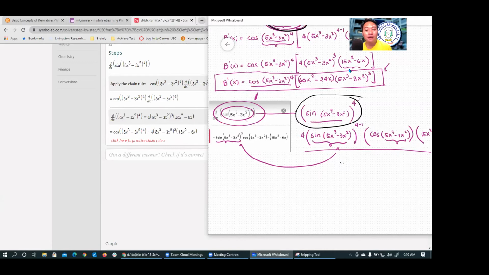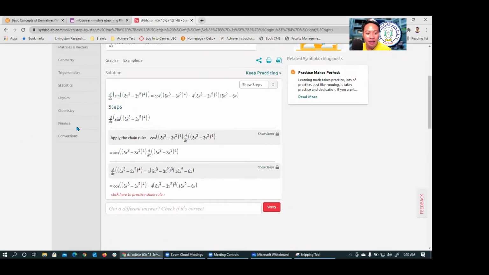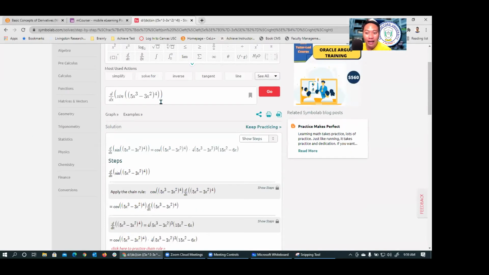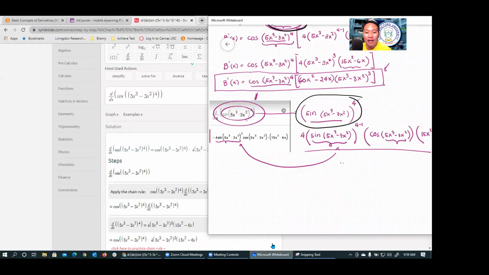So be careful, guys, if you use the software. Sir, scroll up in Symbolab, please. Okay. Here. This is how I plug it in Symbolab. Guys, I know it's easy to access because we are doing online classes, but I hope that this software you are using would only help you verify that your answers are correct.